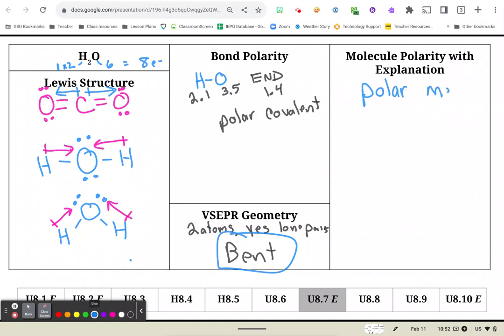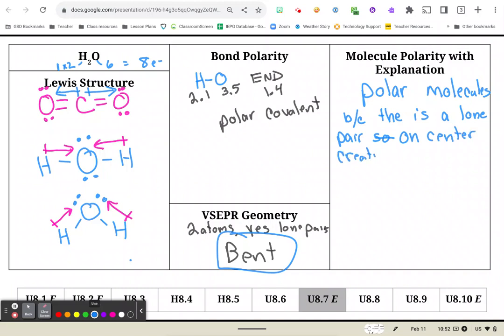All right, and we had 2 different reasonings why it was polar. I could actually use either of them in this case. Both of them would work. So I could say because there is a lone pair on the center, creating a large negative charge.